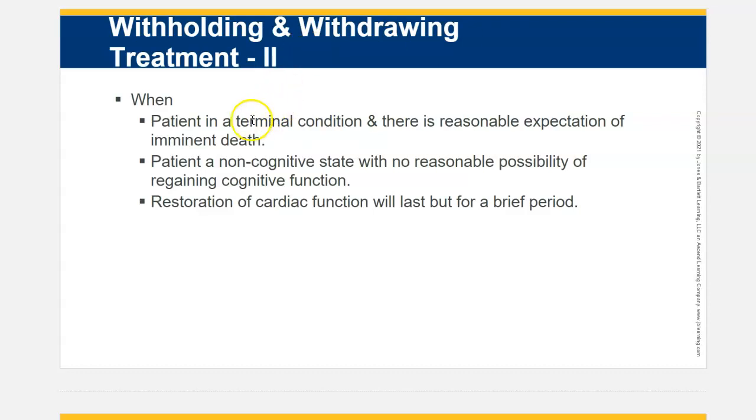Withholding and withdrawing treatment, part 2, when a patient's terminal condition and there's reasonable expectation of imminent death. Yes. So the key thing here, let me back up a little bit. Page 328, withholding and withdrawal of treatment. There are 3 bullet points on the right-hand column of that page. So withholding or withdrawing treatment should be considered when the patient's in a terminal condition and there is reasonable expectation of imminent death.